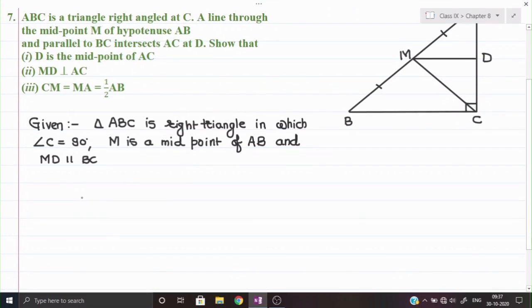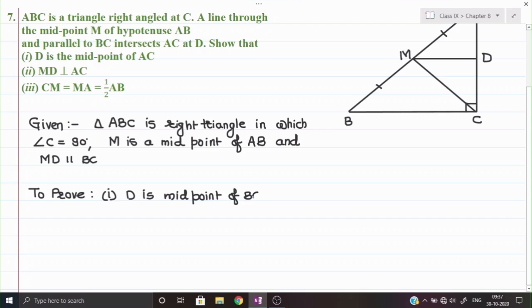Now we shall write down what is to prove, one by one, all the three parts. First part: D is midpoint of AC.